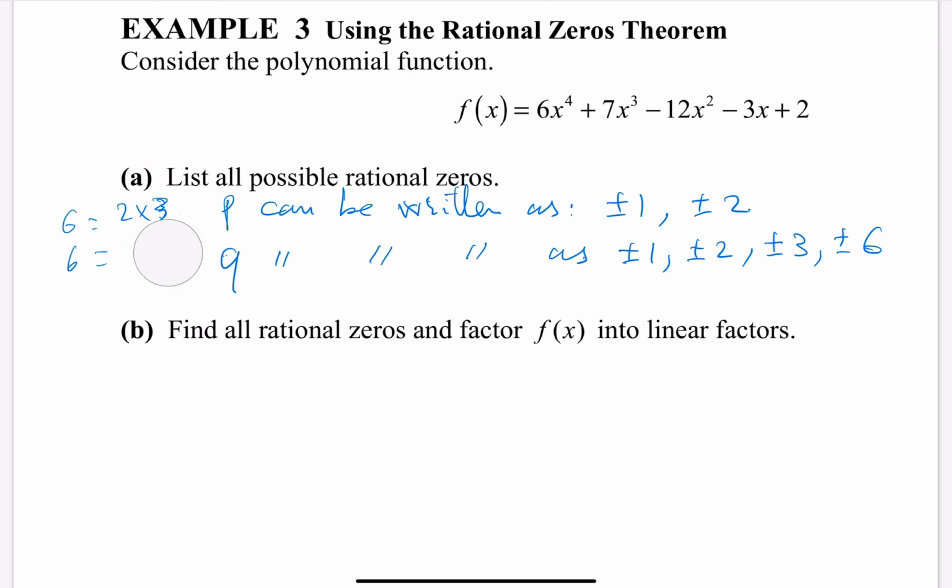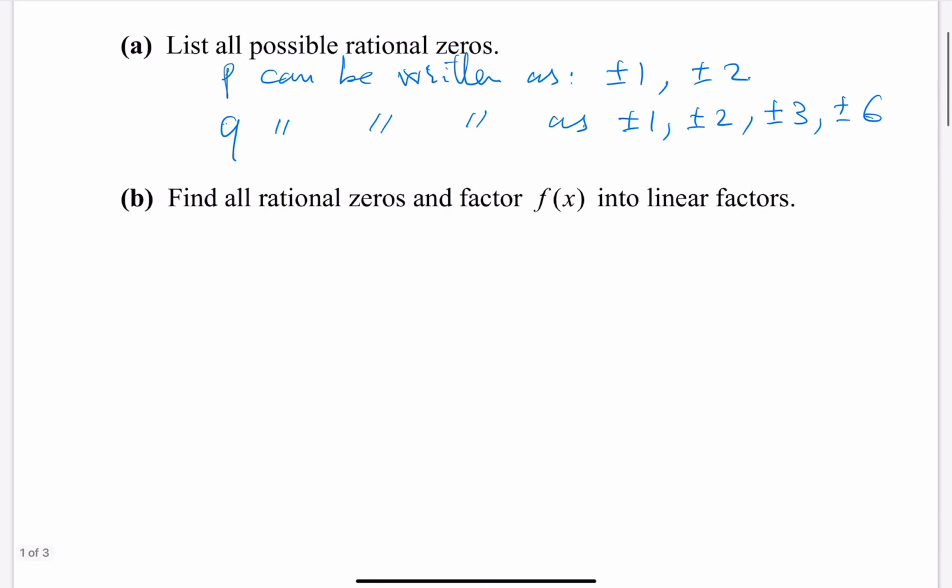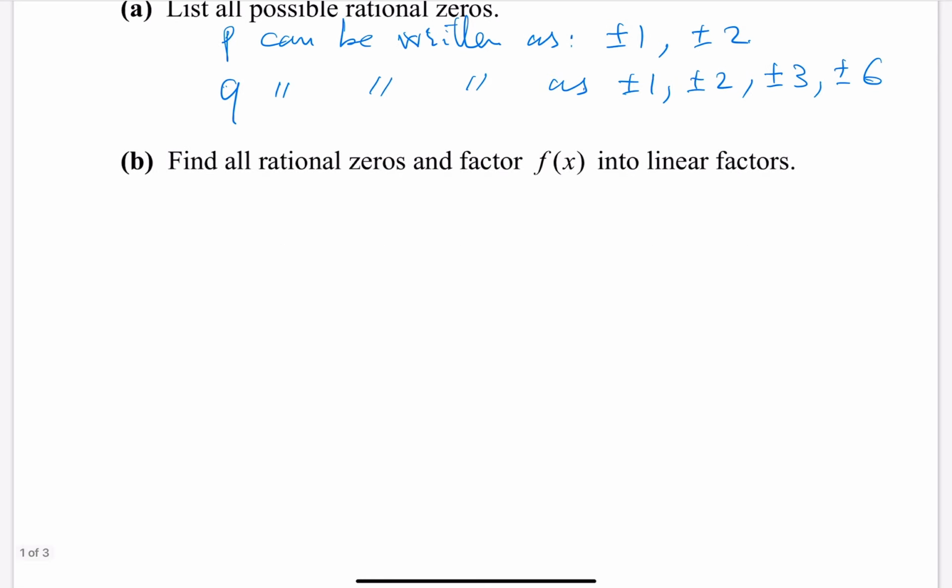Now we have to go here and find all rational zeros of the factors. Let's start with 1. If you have positive, negative 1, what it means is 1 and -1, just as you know.